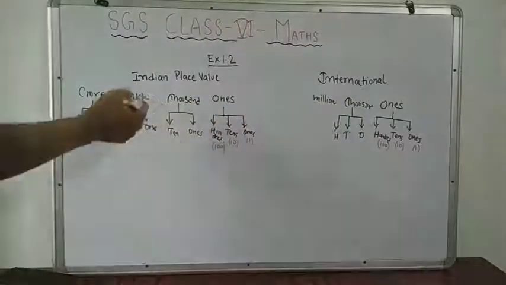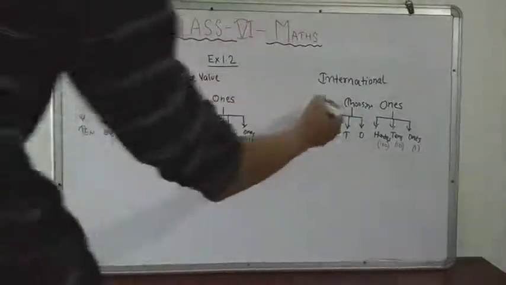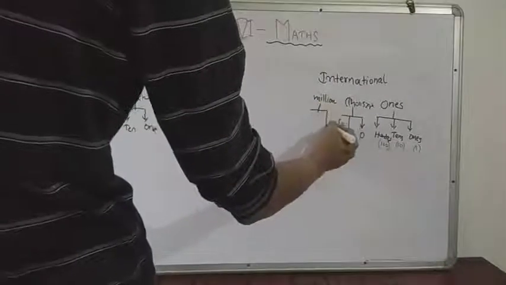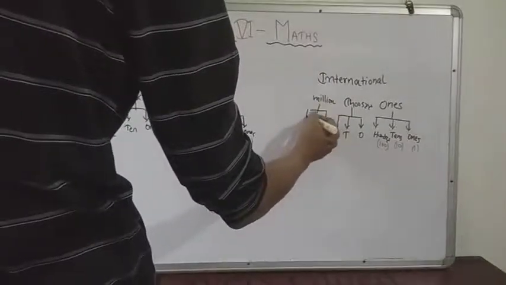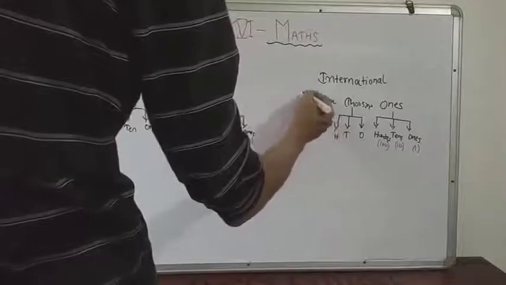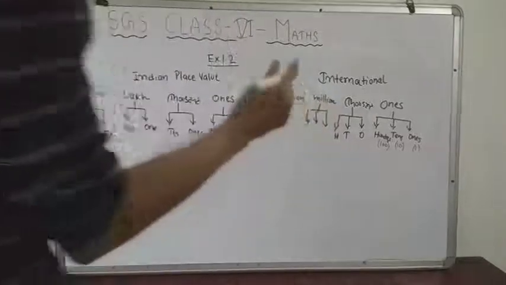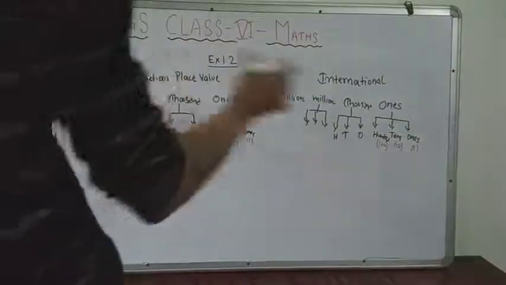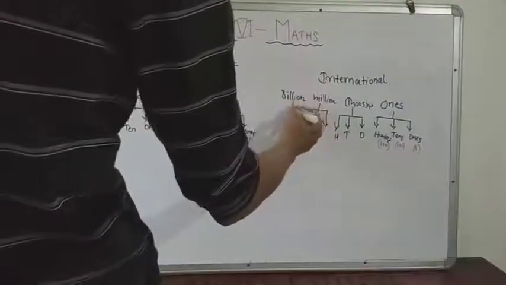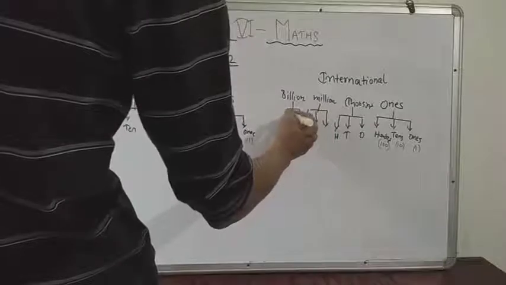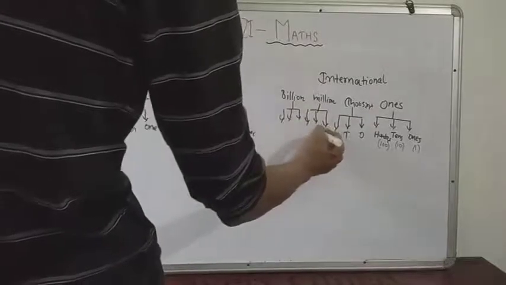In Indian it is called lakh, here it is called million. Million is also divided into 3 parts. After million, billion comes. So you have to know the proper names of both place value charts. Billion is again divided into 3 parts, that is ones, tens, hundreds.